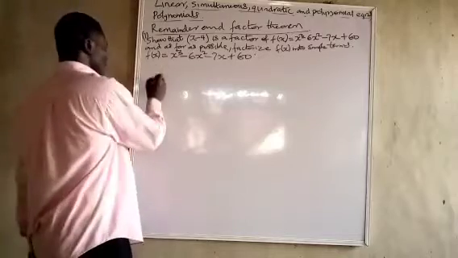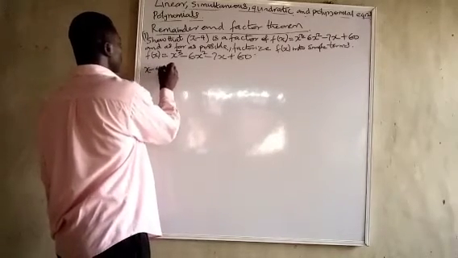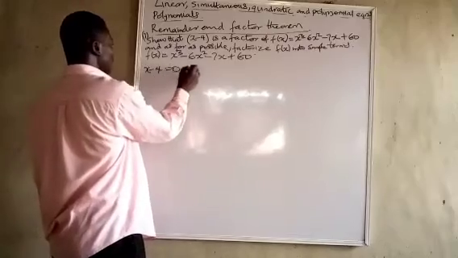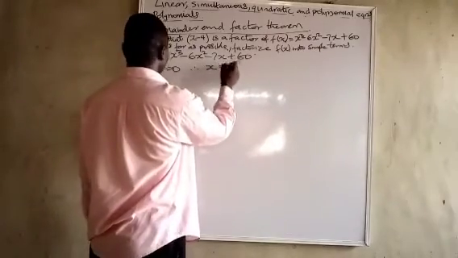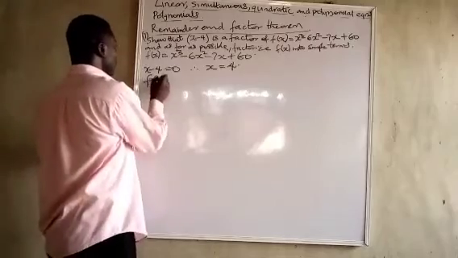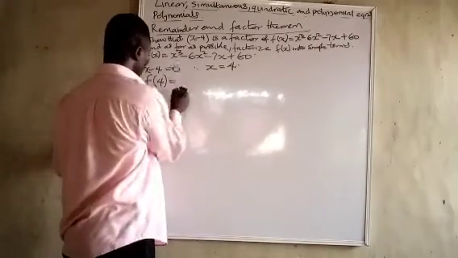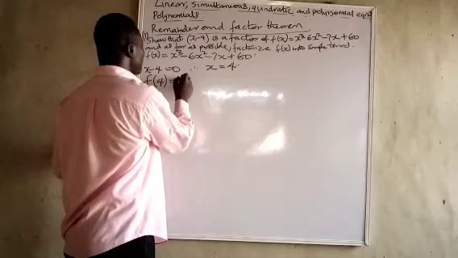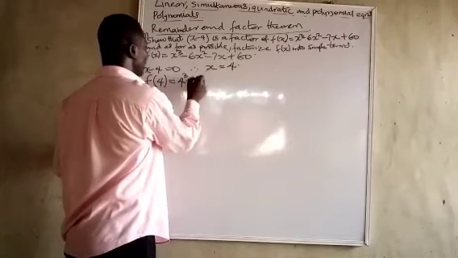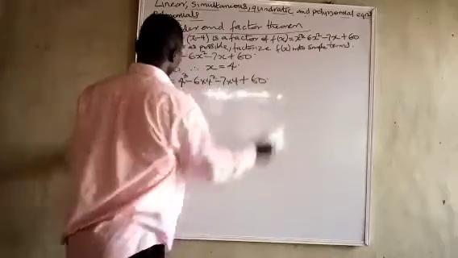So, x minus 4 equals 0. Therefore, x will be equal to 4. So, we are going to find f of 4 now. That's what we are trying to find, f of 4. And that will be equal to 4 raised to the power 3 minus 6 times 4 squared minus 7 times 4 plus 60.